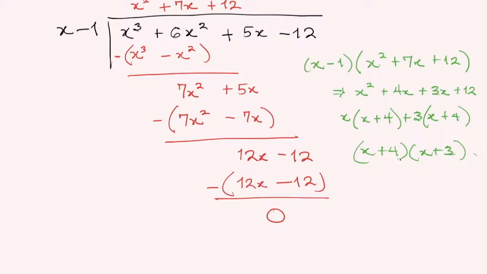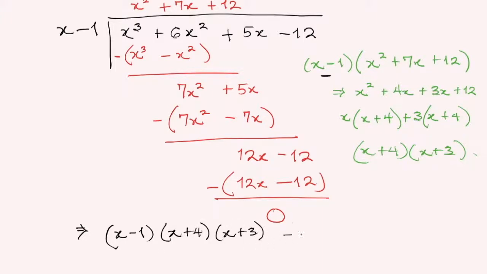So now that we've succeeded in breaking that down into simpler factors, our factors for the original polynomial that we started with are the first one that we were able to guess, which is x minus 1, and the 2 that we derived from our division, which are x plus 4 and x plus 3.